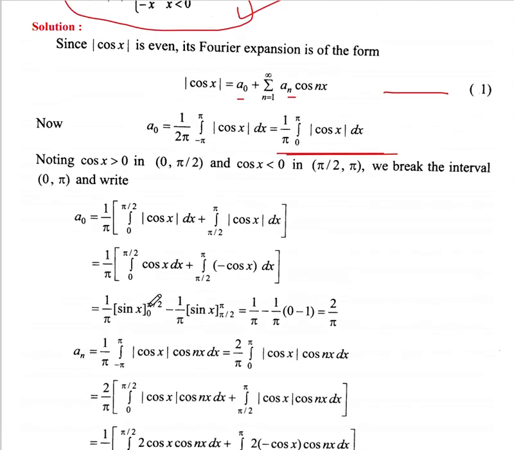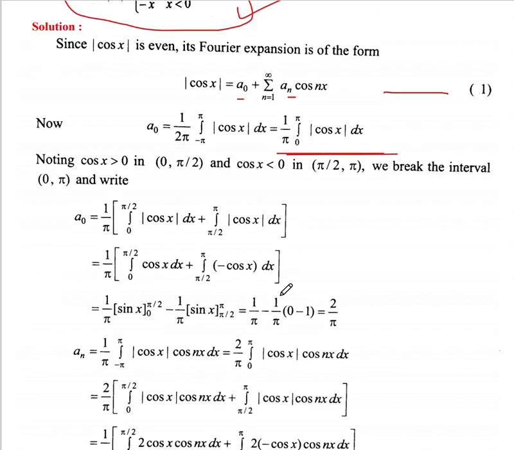Therefore mod of cos x for x greater than or equal to 0 will become positive. So therefore 1 upon pi integral 0 to pi by 2 cos x dx plus integral pi by 2 to pi, where cos x is negative, so this will get minus cos x dx.